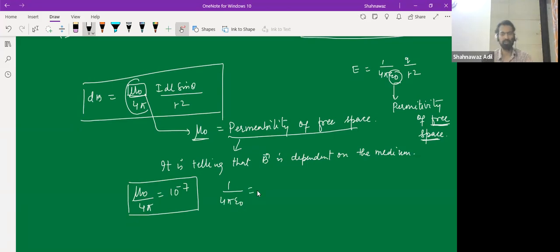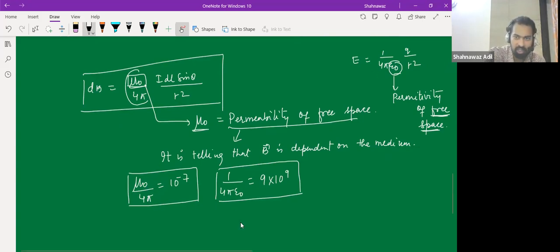How much is this? K. And what is the value of K? 9 into 10 to the power 9. Yes, correct. So we know what is 1 by 4 pi epsilon naught, and we know what is mu naught by 4 pi.